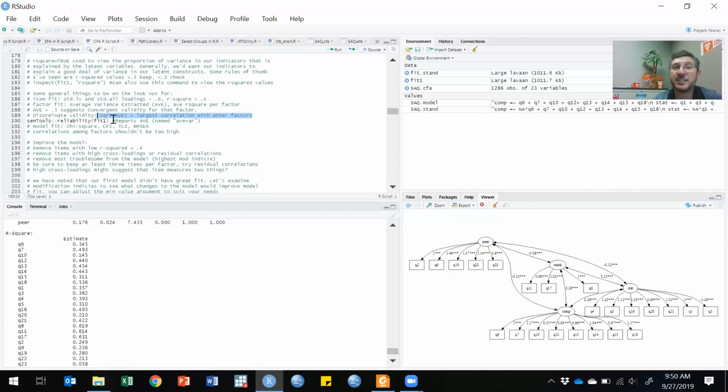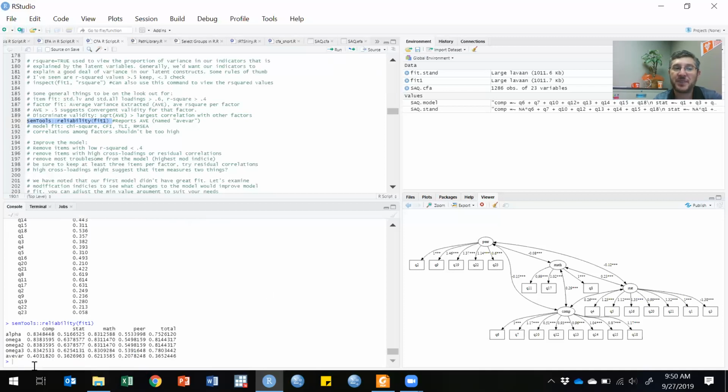If you don't want to average these things by hand, the semTools package has a reliability function, and here's your average variance explained, the AVE here. It also gives you the alpha reliability for each one of the factors and an overall. So you can see the math factor has a pretty decent average variance explained.